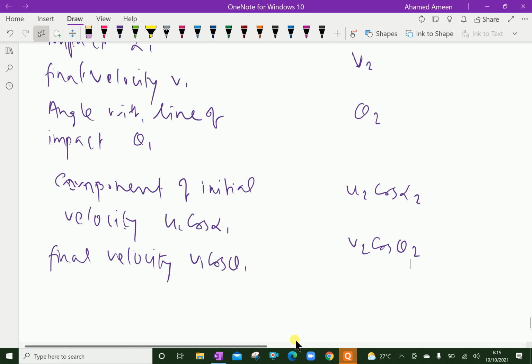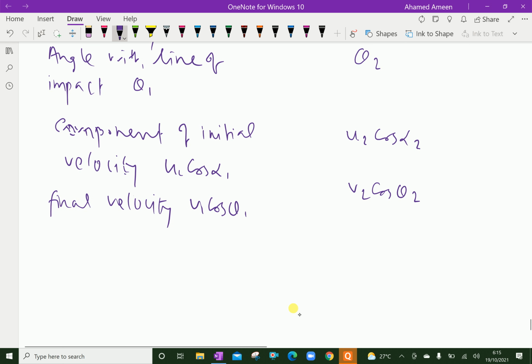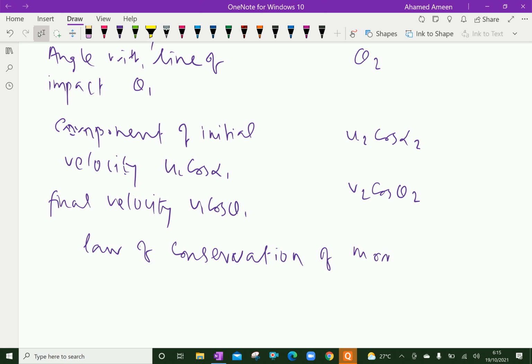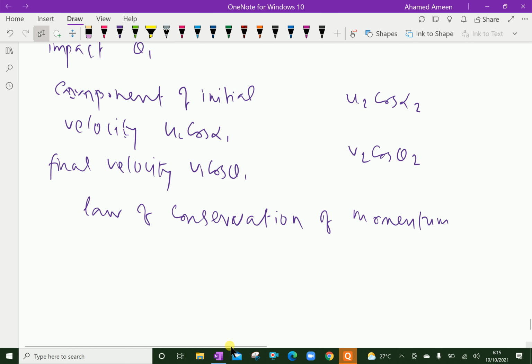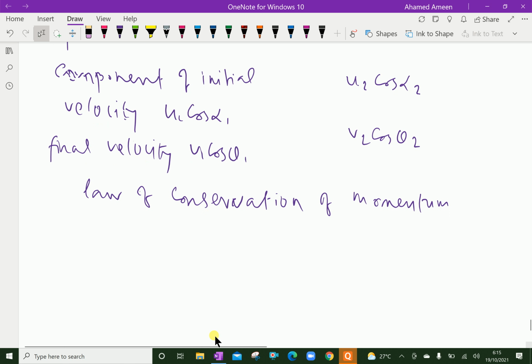Now, law of conservation of momentum. Total initial momentum along the line of impact equals total final momentum along the line of impact.